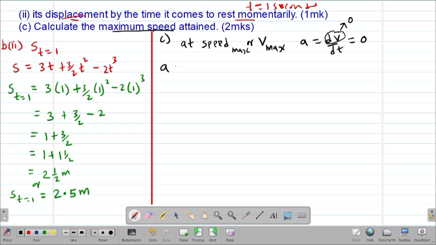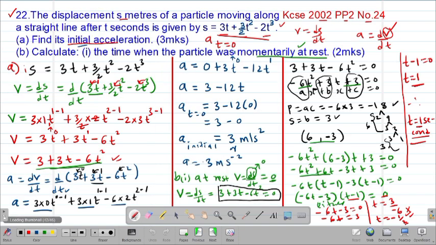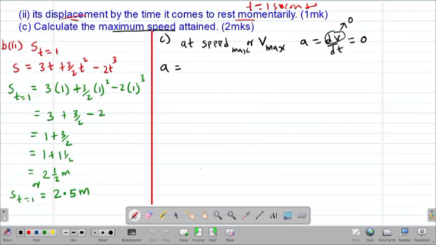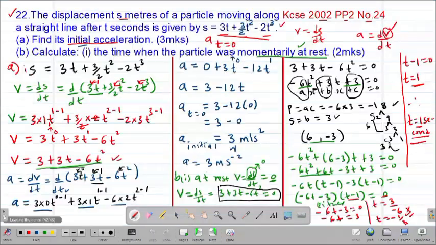Since we already have the formula for acceleration, a equals dv/dt, which is 3 minus 12t.